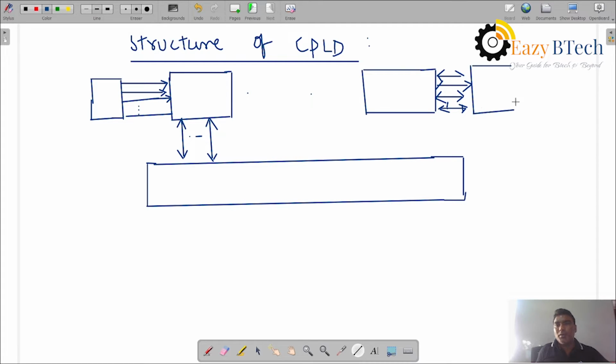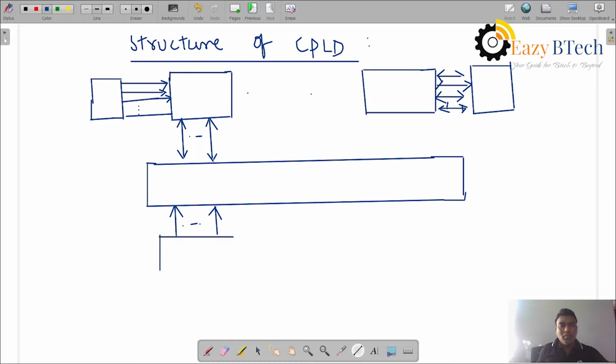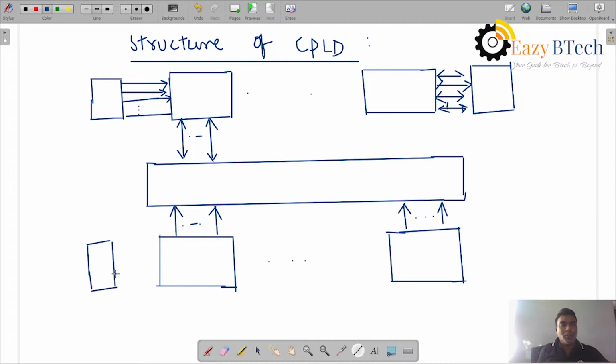This is the IO block, and below also there are PAL-like blocks, which are interconnected. You can draw this as it is in the examination. More number of PAL-like blocks are used, and we use the interconnections. Here we use IO connections, IO blocks.